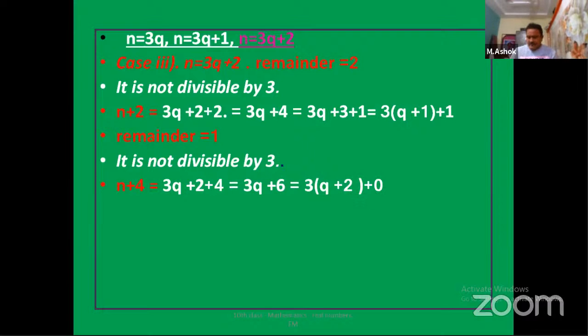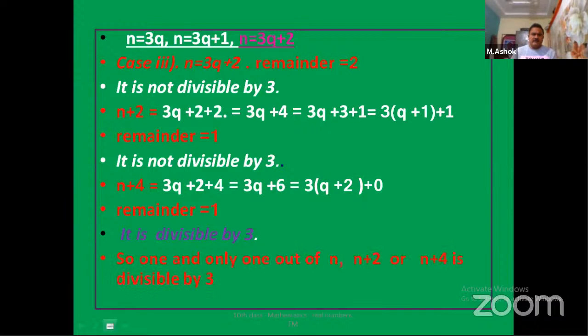So remainder 0 means it is divisible by 3. Understood? So in case 3, n plus 2 is not divisible by 3 and the only one, n plus 4, is divisible by 3. So in this way you have to prove this sum.